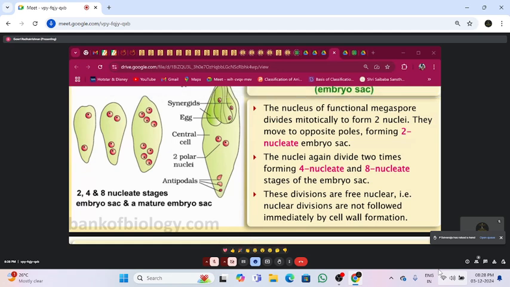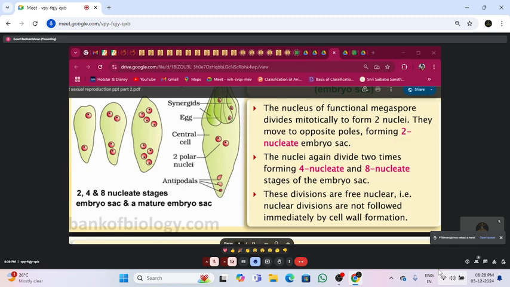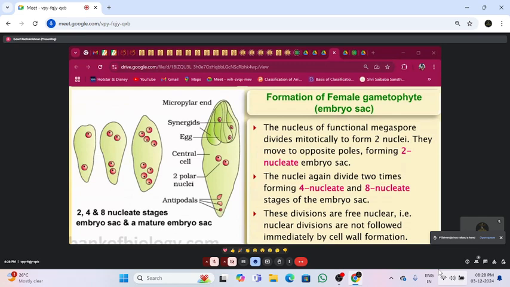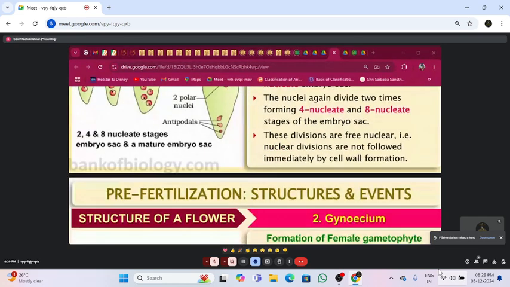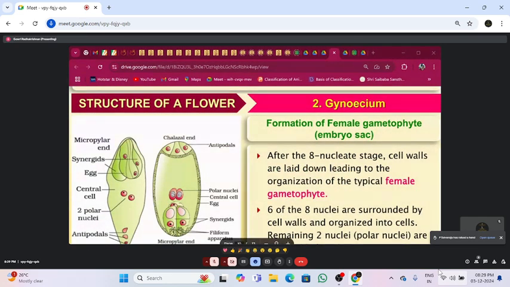These divisions are free nuclear, that is, nuclear divisions are not followed immediately by cell wall formation. After the 8 nucleate stage, the cell walls are laid down, leading to the organization of the typical female gametophyte.